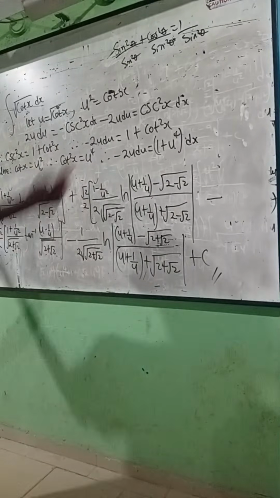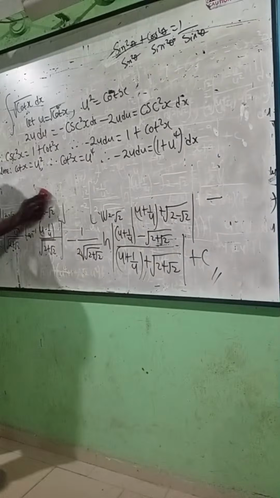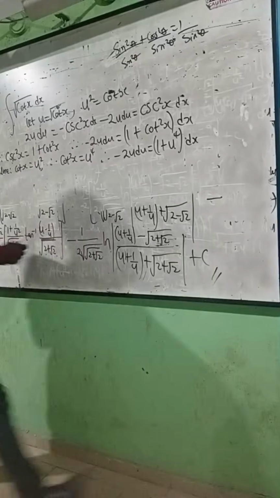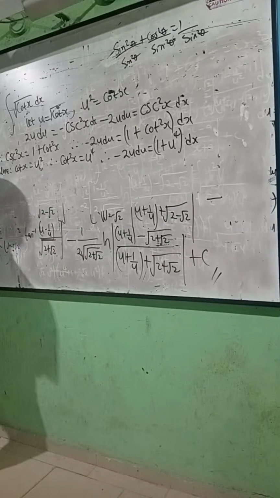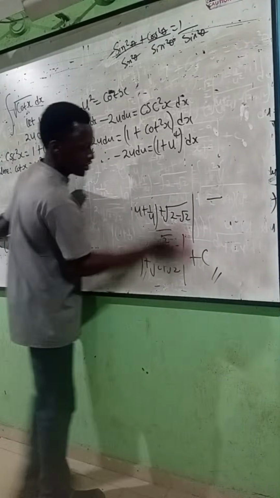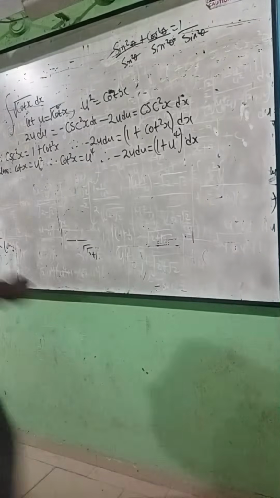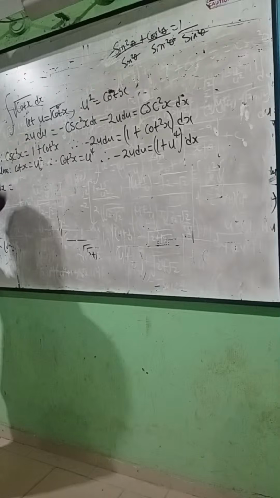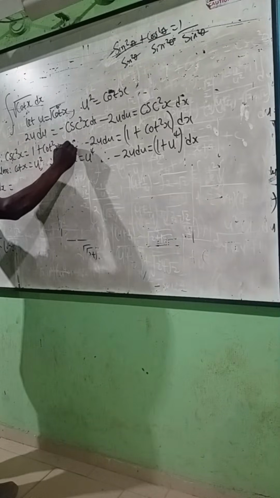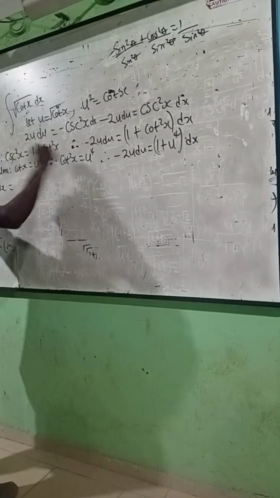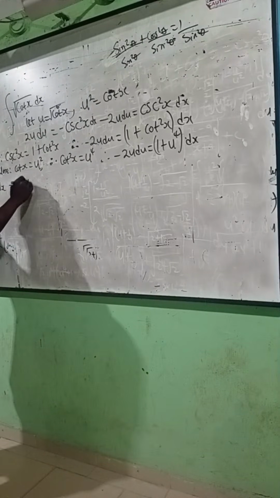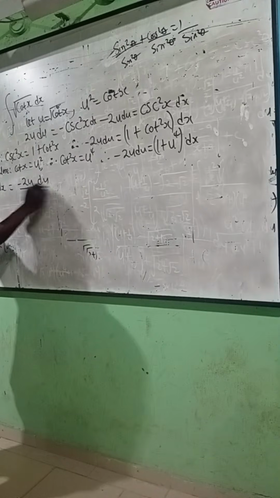If you say du here, dx on the other side. I hope that's clear. Now making dx the subject of the formula, that means dx equals to minus 2u du over 1 plus u raised to power 4.